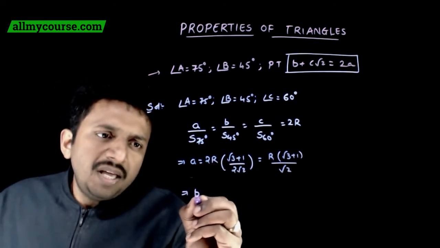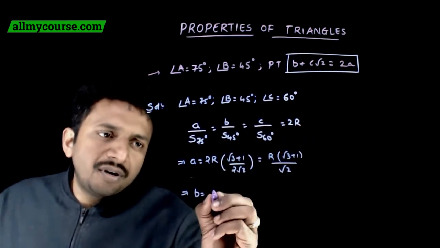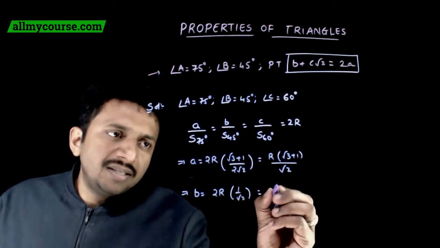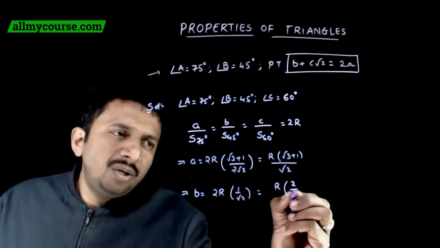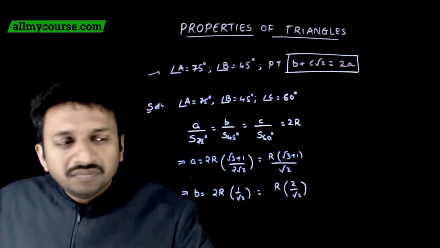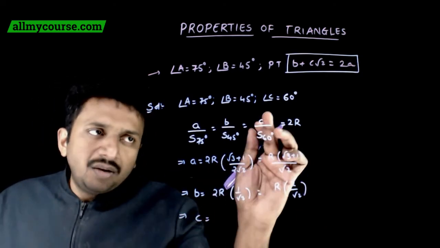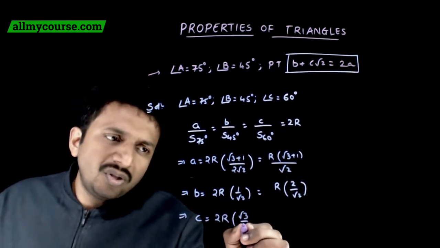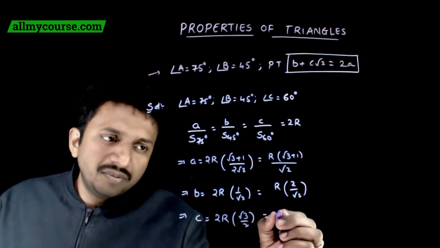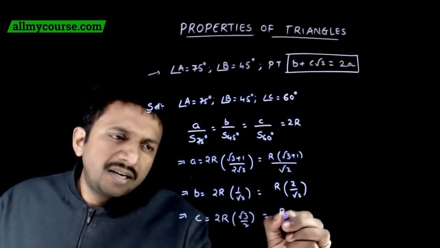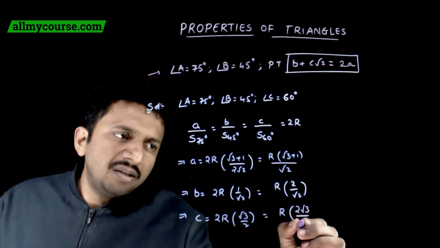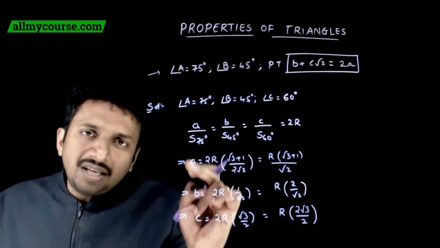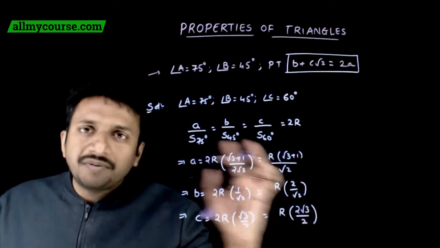Next, b is of the form 2R sine 45 degrees. Sine 45 is 1 by root 2. That is equal to R times 2 upon root 2. And c will be equal to 2R times sine 60 degrees, 2R times root 3 by 2. That is equal to R times 2 root 3 by 2. So this is how a, b, c look in terms of R.